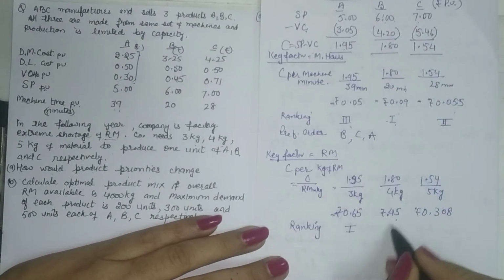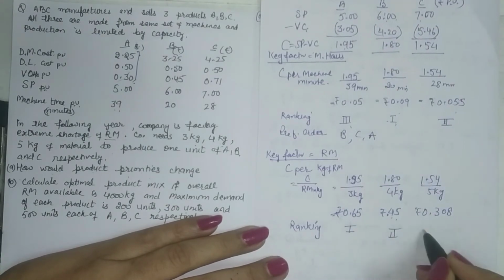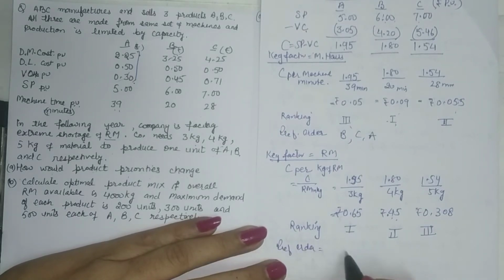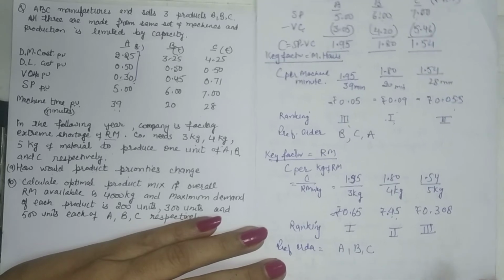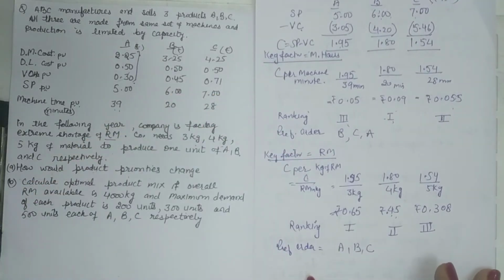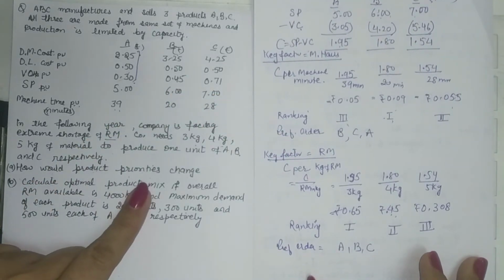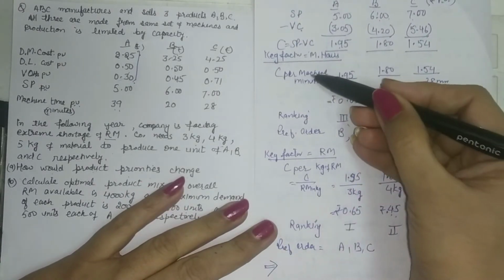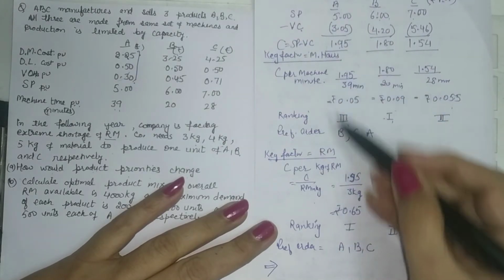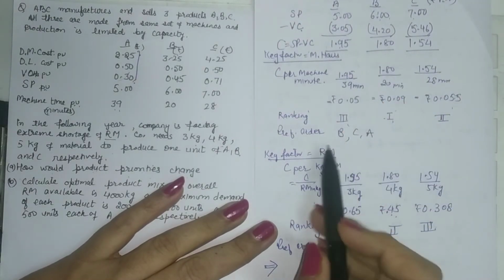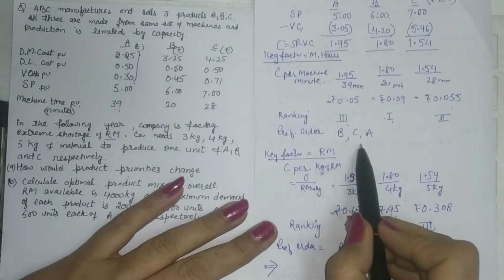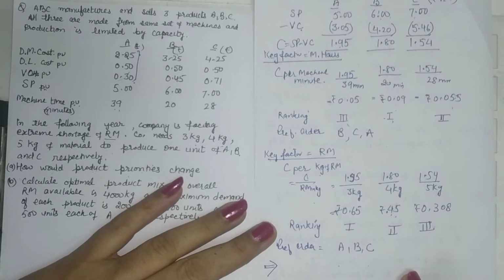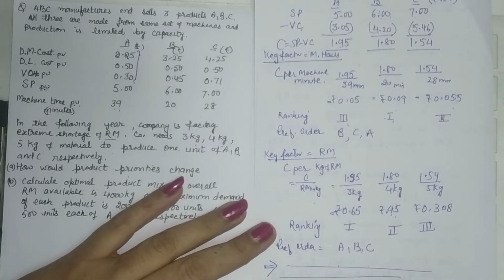So A, then B, and then C. So our preference order is A, B, C. Your answer is not over here because your question says how the product priorities change. So now we'll have to write that with the change in the key factor from machine hours to raw material, our preference order has changed from BCA to ABC. So this is how we'll work for this. This language in the answer is very important.